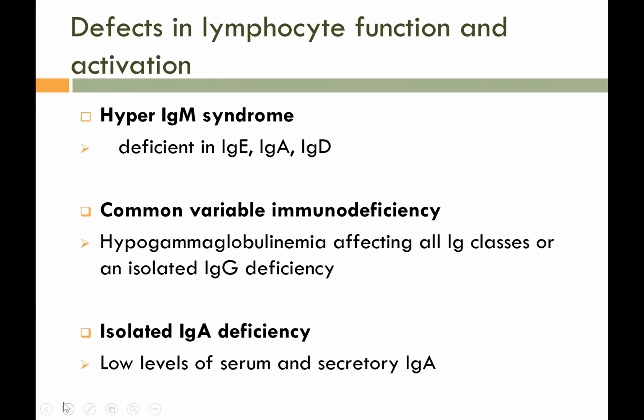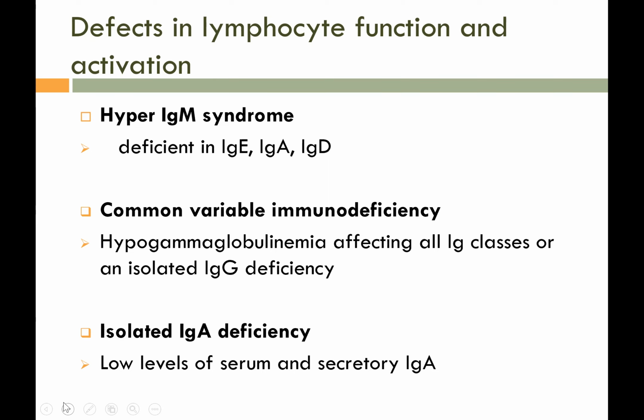It can also be that you have what is known as common variable immunodeficiency. This entity encompasses a heterogeneous group of disorders in which the common feature is hypogammaglobulinemia, which generally affects all the antibody classes, but sometimes only IgG.